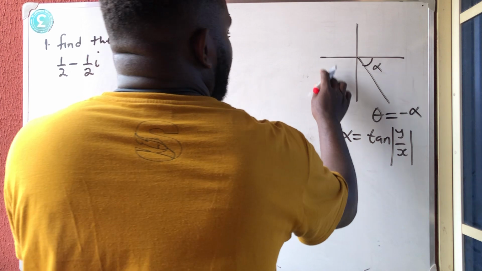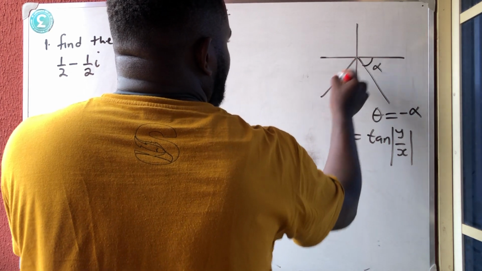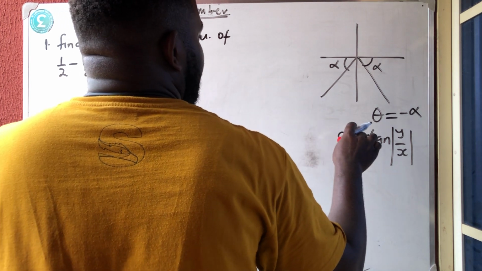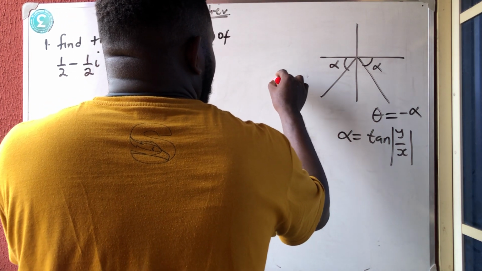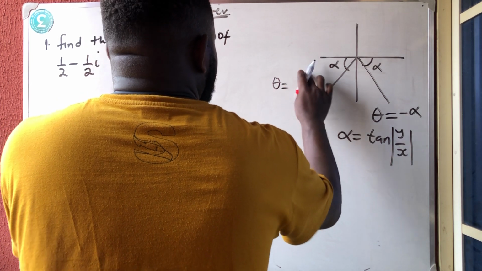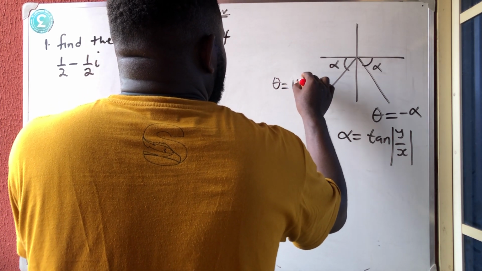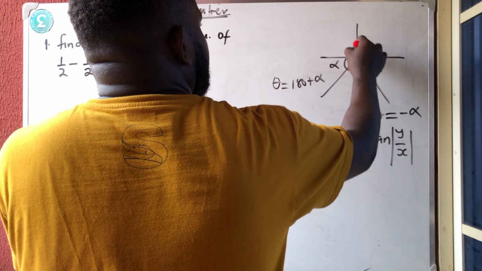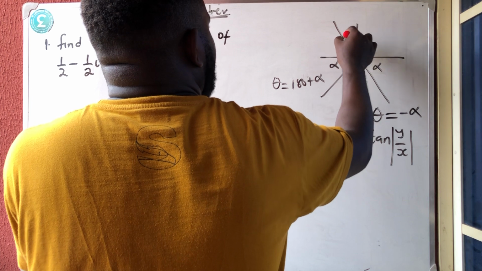Okay, so now in this third quadrant, here is your alpha. You are going to have that your principal argument theta is equal to 180 plus your alpha. Don't forget what your alpha is. Then in the second quadrant, here is alpha.